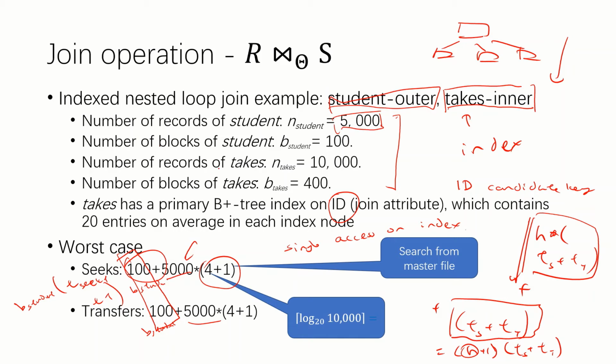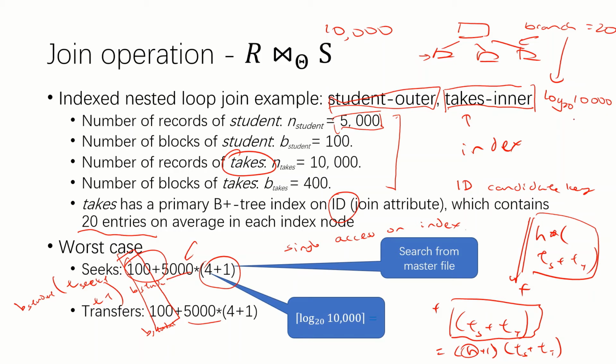The record we're talking about is that of text. Text has 10,000 entries, and on average there are 20 entries on each index node, so the branching factor is equal to 20. As we have discussed earlier, the height of the tree is going to be log of the number of entries, 10,000, base the branching factor, which is 20.